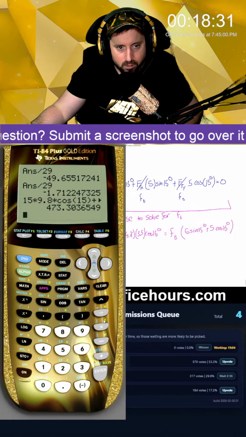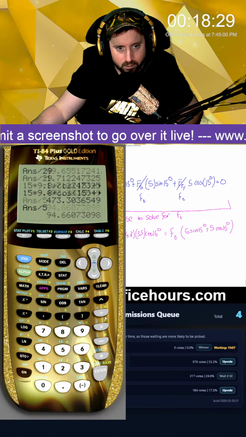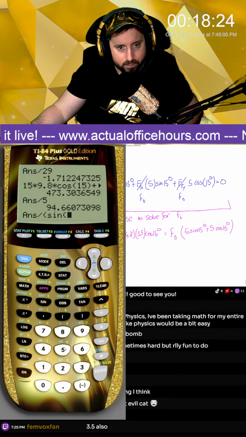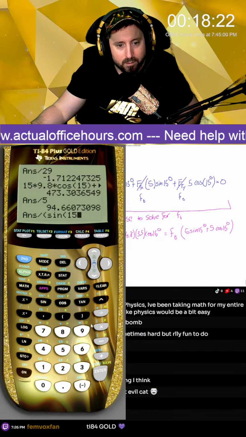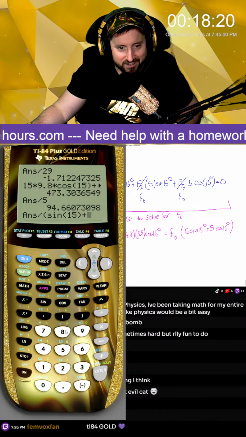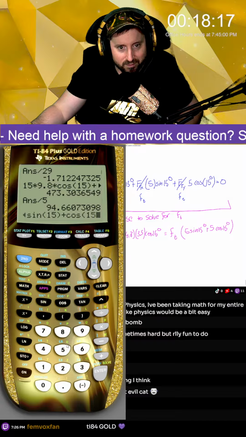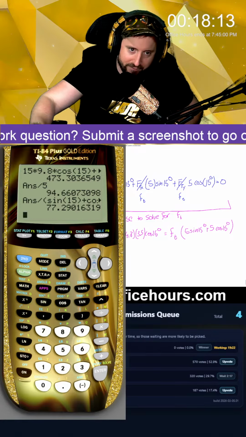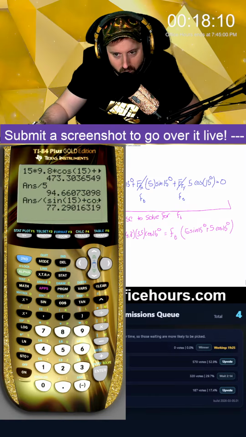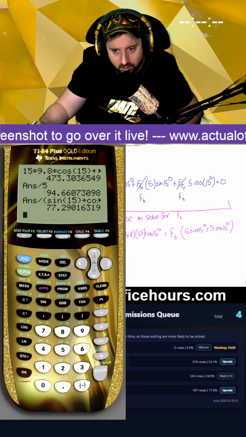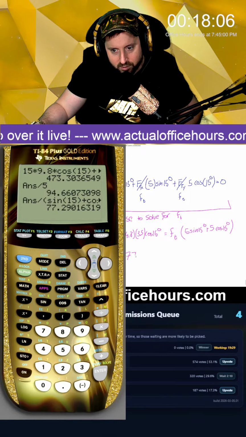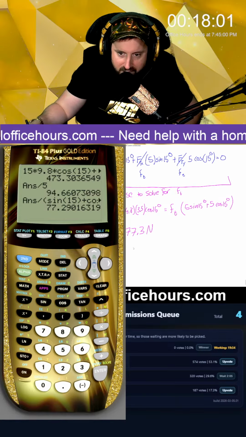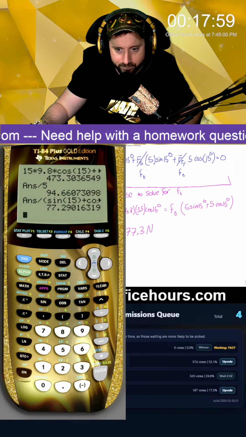Okay. All of that divided by 5 and then divided by sine of 15. Cosine of 15. Okay. So you get FT is equal to 77.3 newtons.